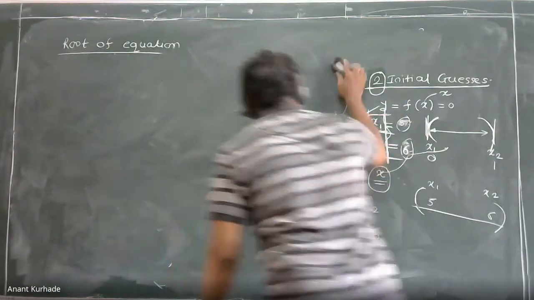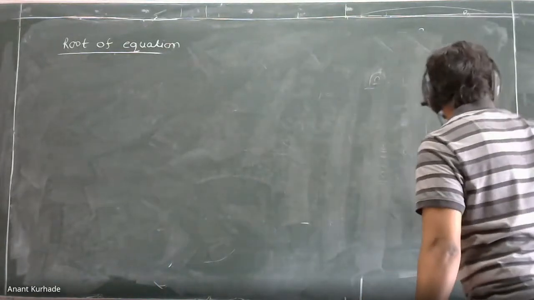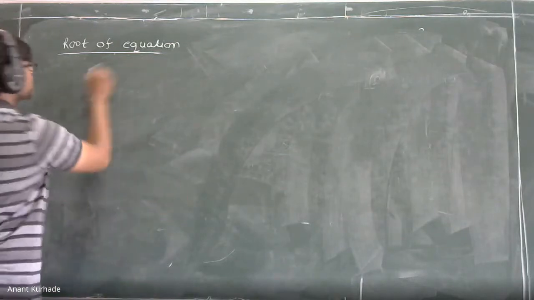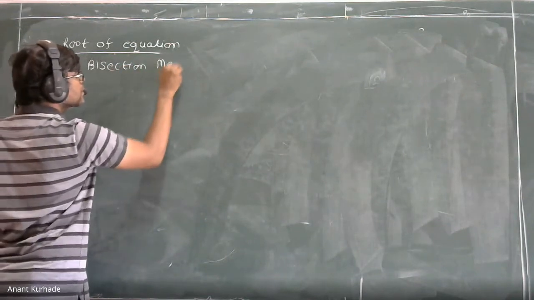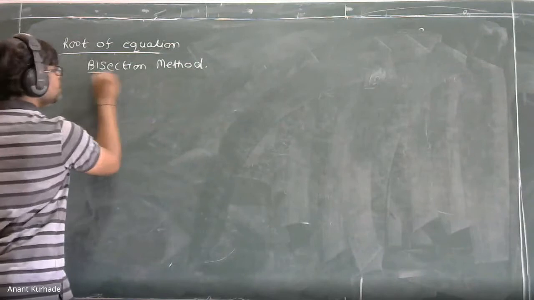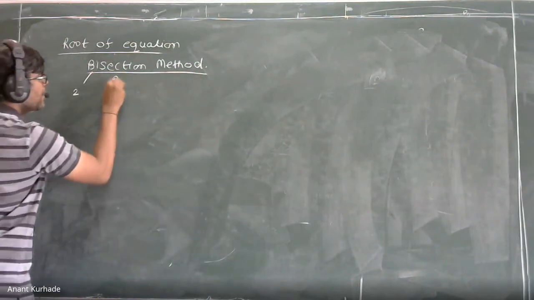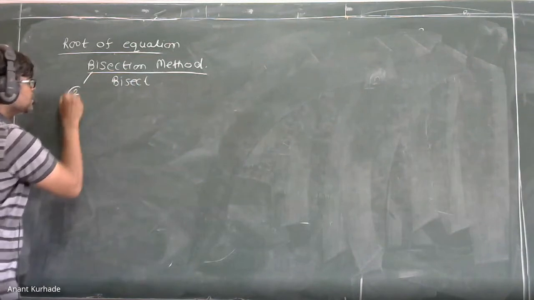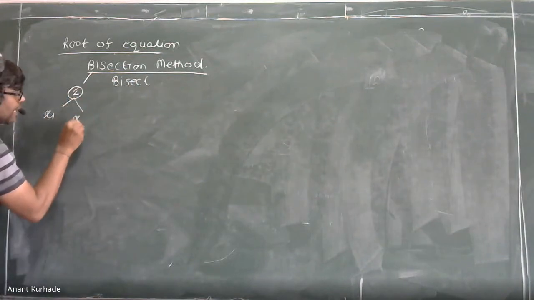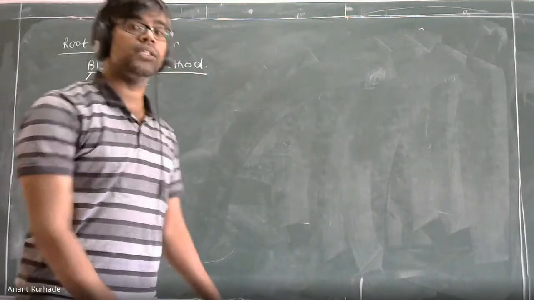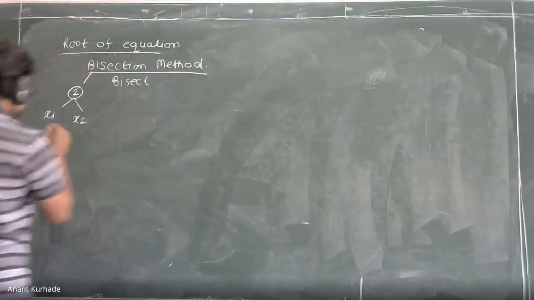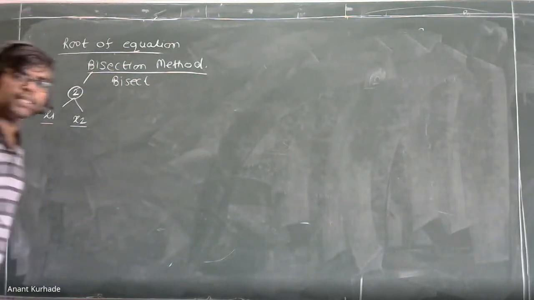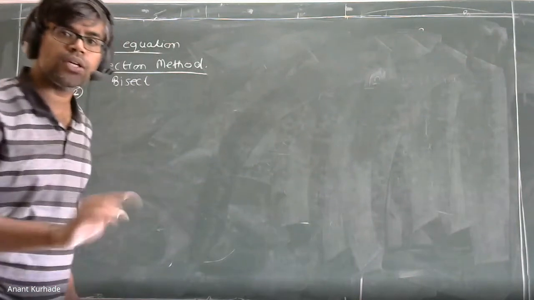So what is iteration? Now up to this, root of equation, bisection method. Just remember, bi means two, which means we have two cases, x1 and x2. We have not discussed the root of the equation or approximate root yet. Here I have assumed these two initial cases and checked them for the convergence condition.